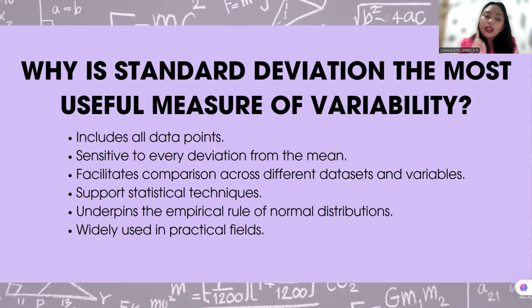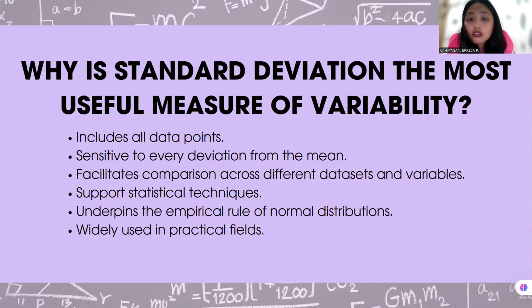The answer is that it includes all the data points, providing a comprehensive measure of how the data is spread out. It is sensitive to every deviation from the mean, capturing overall variability.